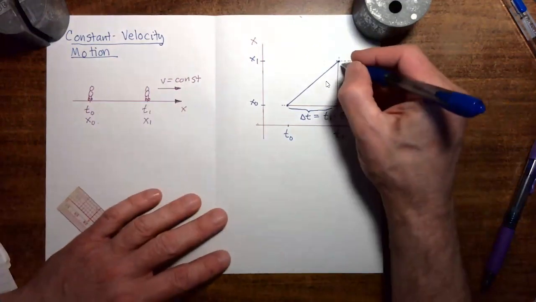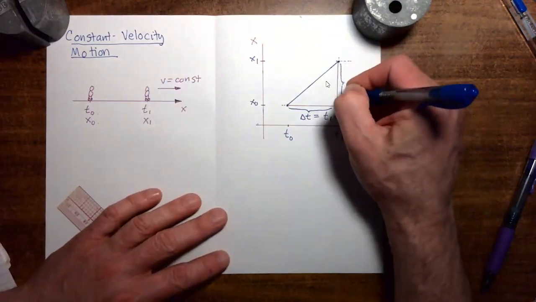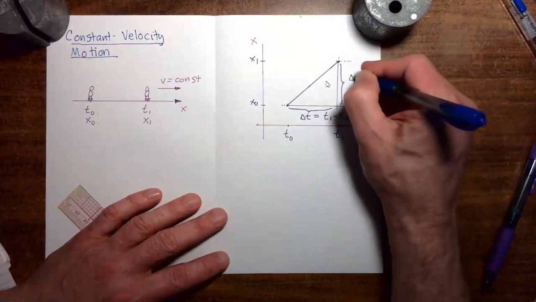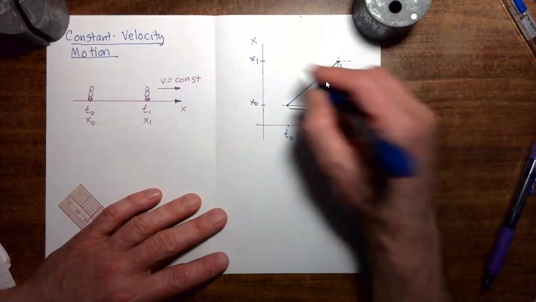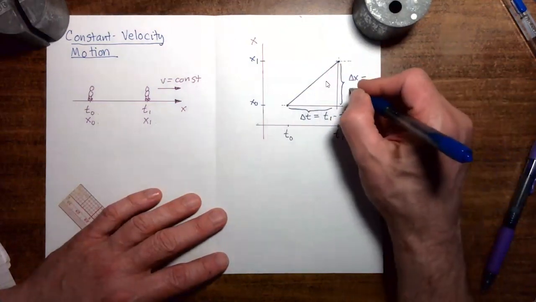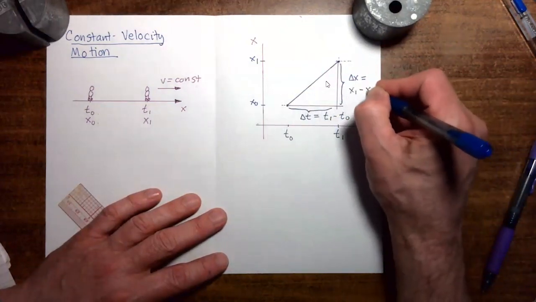And then the vertical leg of the slope triangle represents the change in position, which would be this position minus this position, so x1 minus x0.